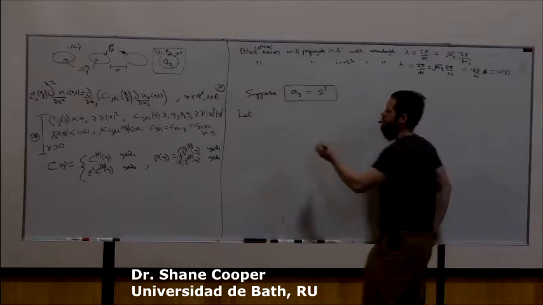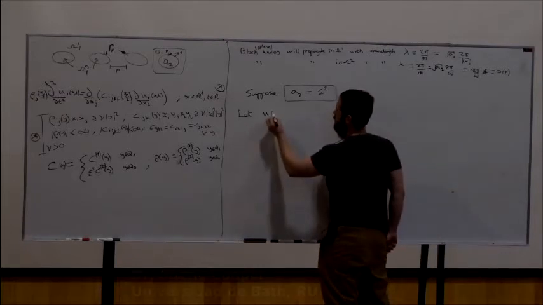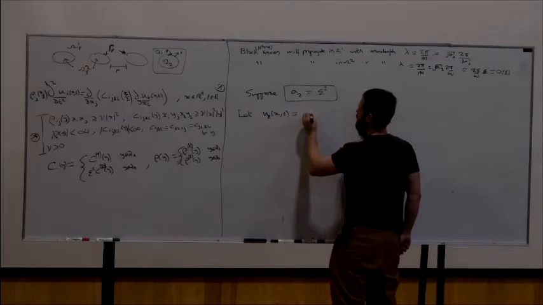We're going to study this problem, equation 1, using multi-scale asymptotic expansions. We assume that our field, which now depends on epsilon, has the following form.